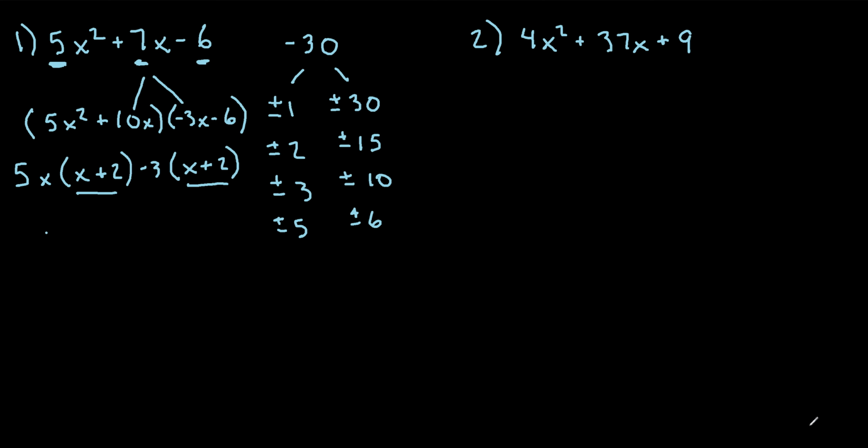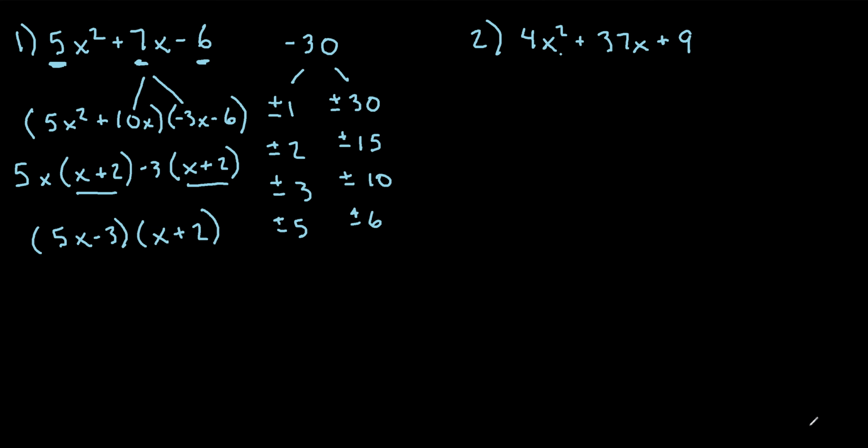So now we can rewrite the final answer as the numbers outside of the parentheses, so 5x minus 3, and then the numbers inside the parentheses, which are x plus 2. So we have now factored this polynomial, and what we'll find is if we would use something like the FOIL method to multiply these two polynomials together, we would end up with 5x squared plus 7x minus 6.